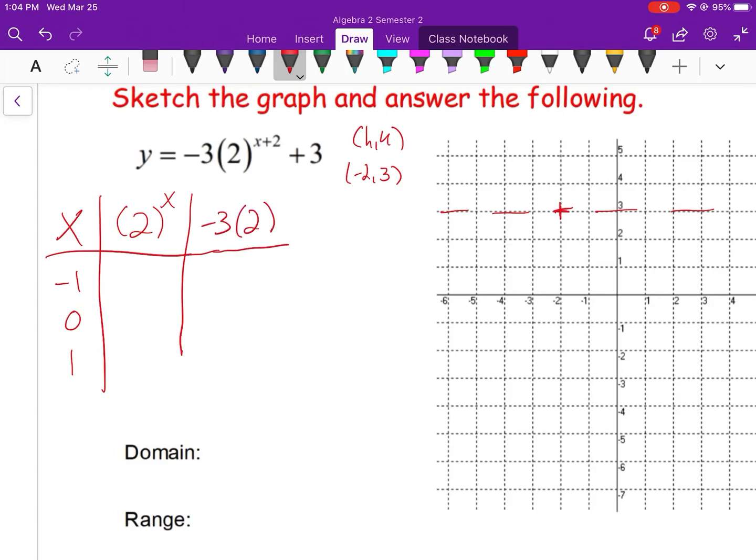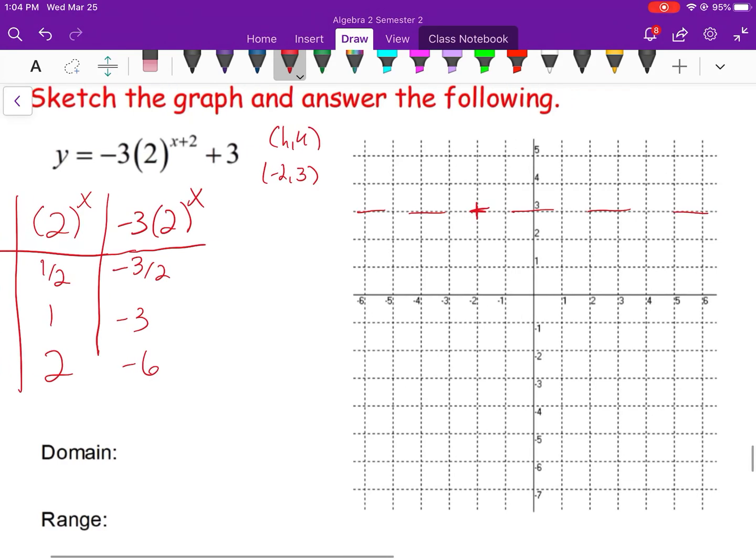Now we got an a value, so negative 3 times that 2 to the x. 2 to the negative first, that's 1/2. 2 to the 0 is 1. 2 to the first is 2. Now we need to multiply that column by negative 3, so negative 3 halves, negative 3, negative 6.